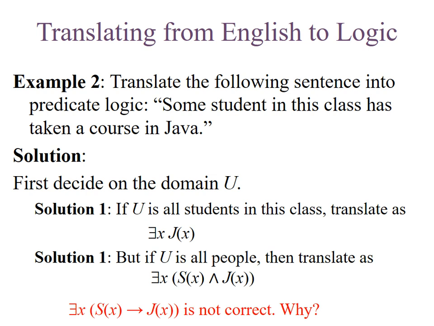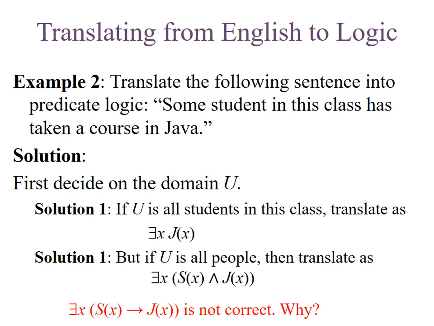Some student in this class has taken Java, right? So we have the Venn diagram. If this is all people, then some students in this class have taken Java. Some of the students do not take Java.